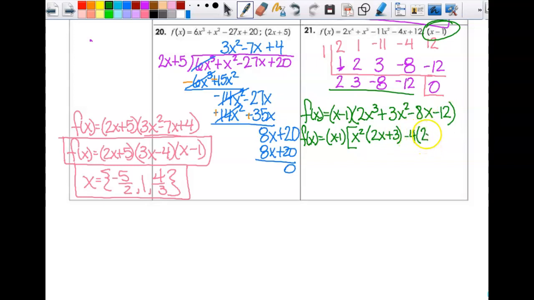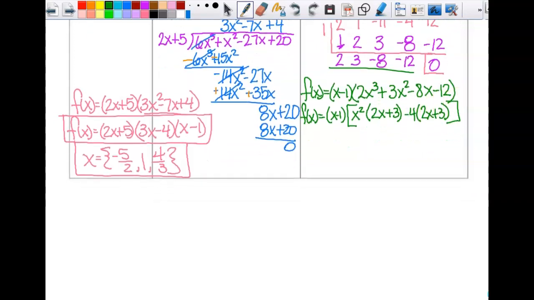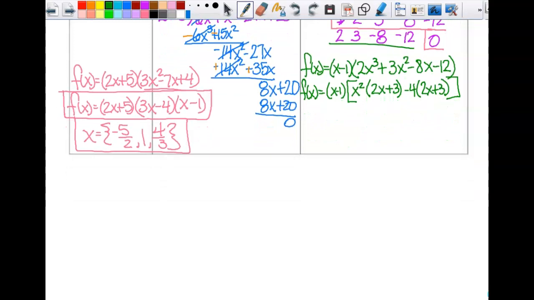That leaves me with 2x plus 3. So when I finish that factoring, I would have x minus 1 times x squared minus 4 times 2x plus 3.